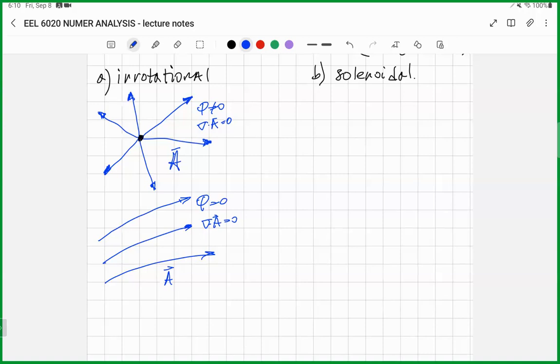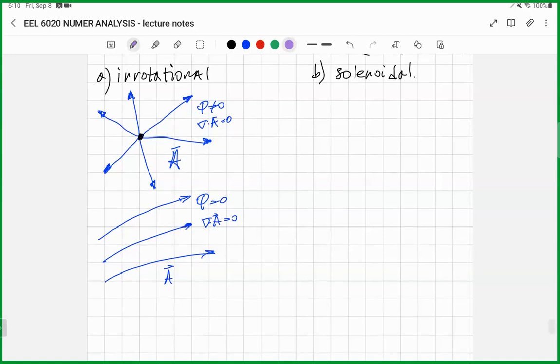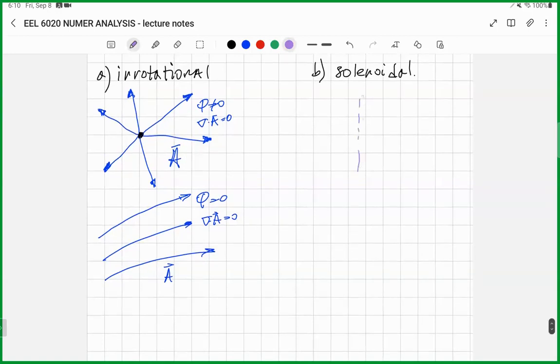But what about solenoidal field? A solenoidal field can look like, for example, like this. So we're gonna have a vortex.